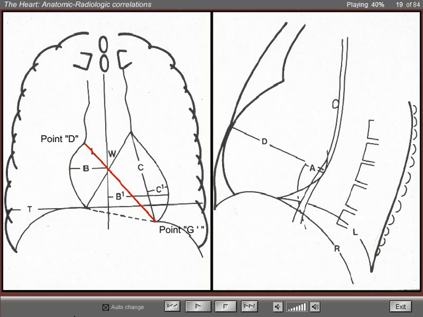We look at the width of the heart, which goes from point G to point D prime, and then we multiply those two numbers by the maximum AP diameter of the heart, which is traced in the lateral view of the chest. We also use a factor for men and women, and when we do all these tracings and multiply all these vectors, we get a better idea about the total volume of the heart.